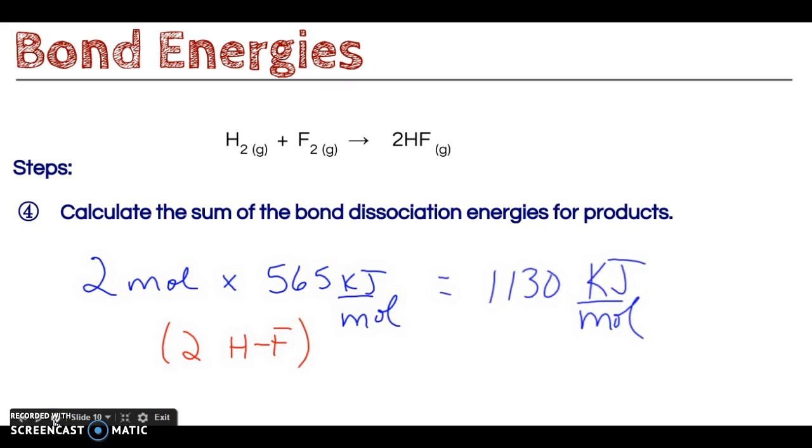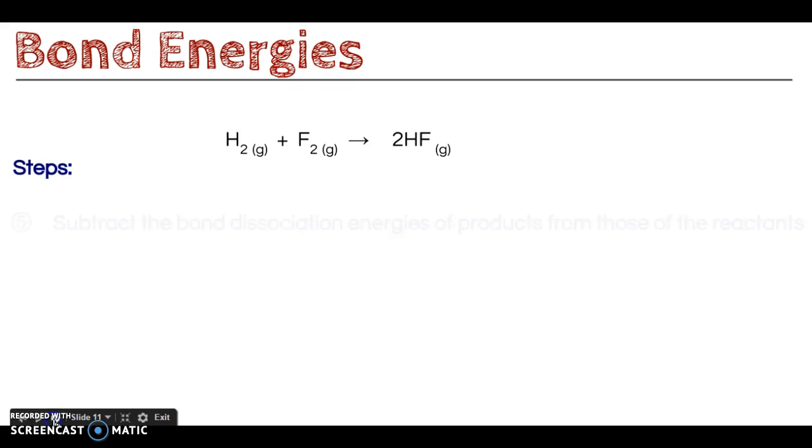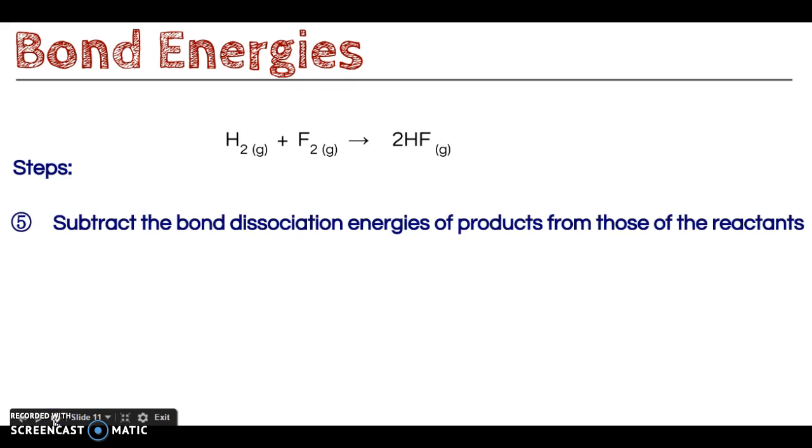And so when I do that calculation, I see that the grand total is 1130 kilojoules per mole of energy that needs to be input in order to break apart my products. Okay, so now I'm going to put those two quantities, the bond dissociation energy for my reactants and my products, into that original formula and subtract them.